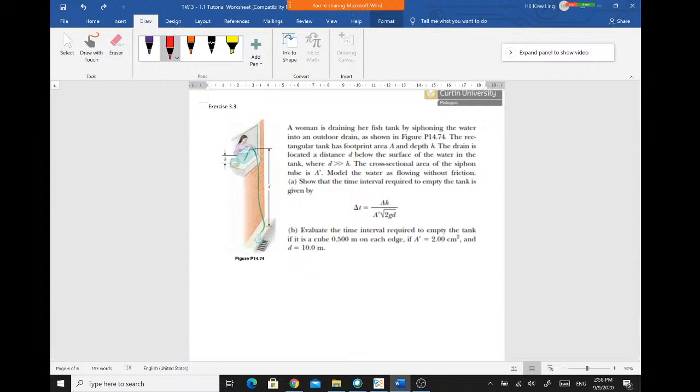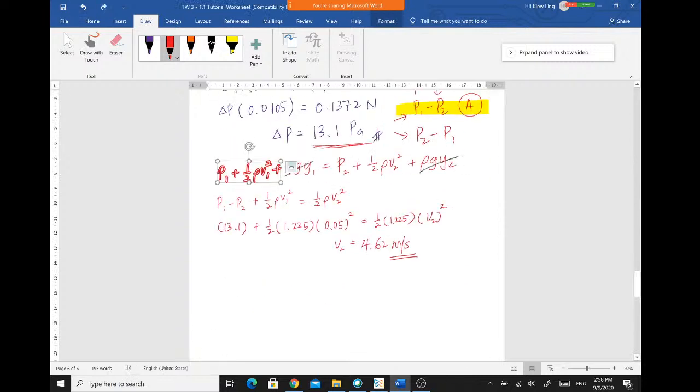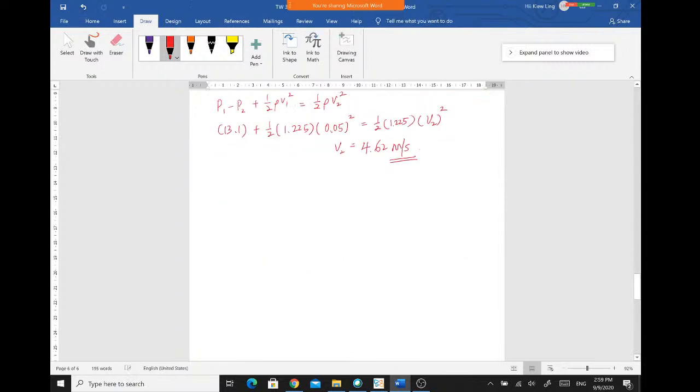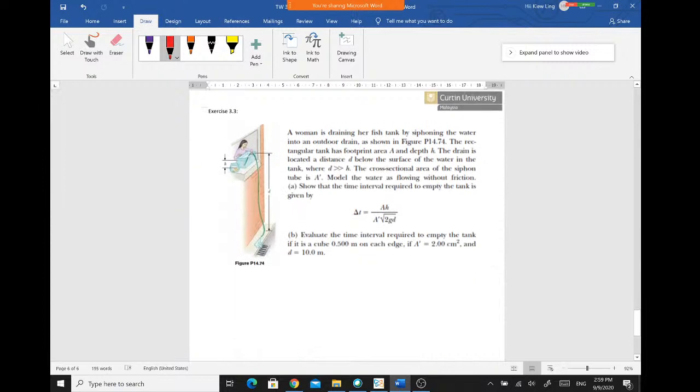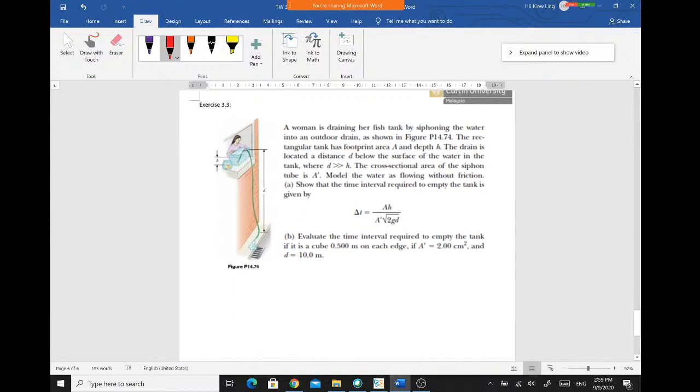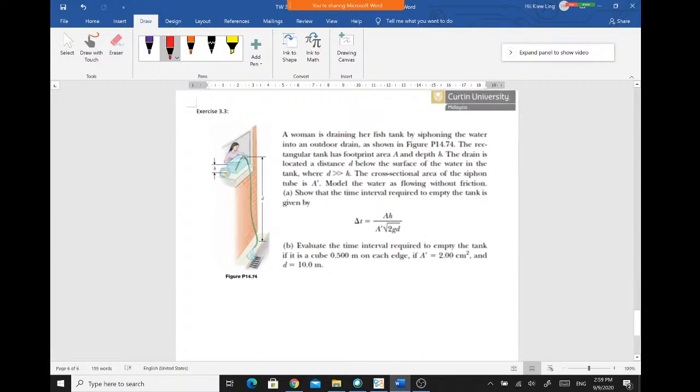So this one, when back in campus last time, we had the chance to try out. But this one you can also try at home. The technique here is called siphoning, or we can say pumping the water from one container to another container.